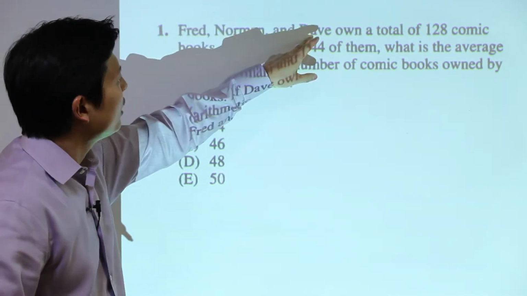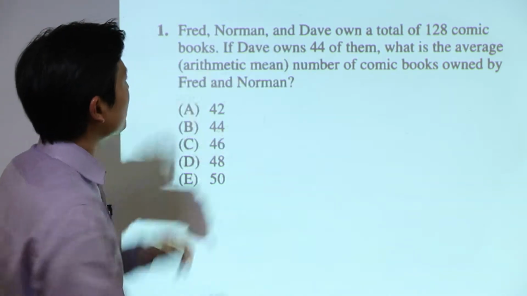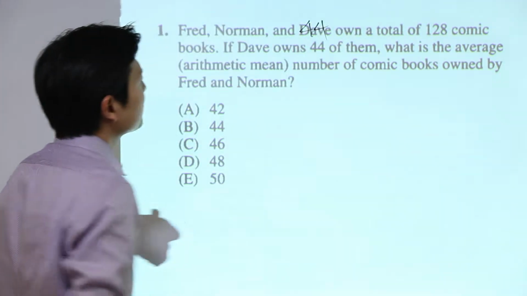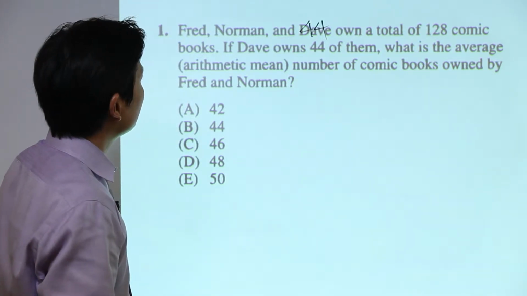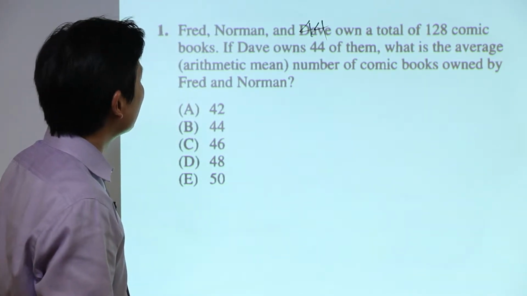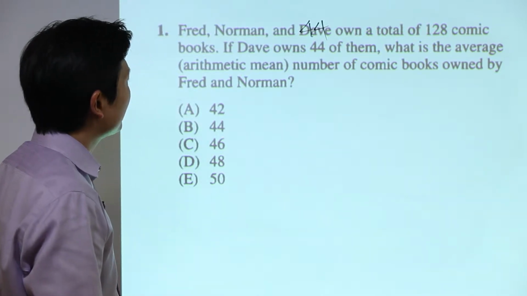So 3 people own a total of 128. Dave owns 44 of them, so D right here is just 44. I'm going to replace it with 44. What is the average number of comic books owned by Fred and Norman?